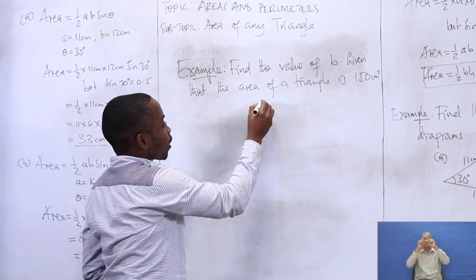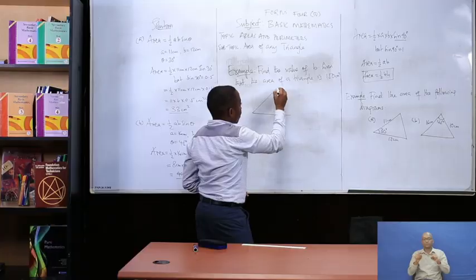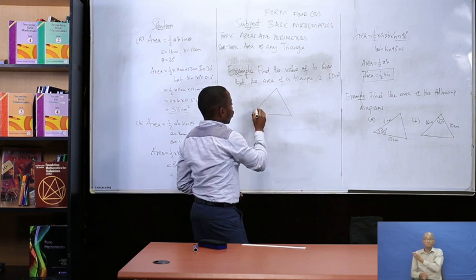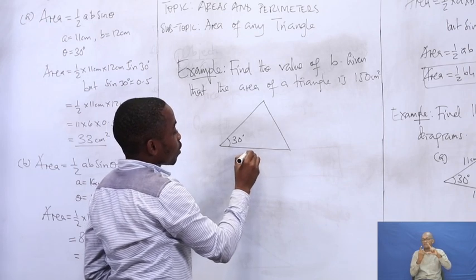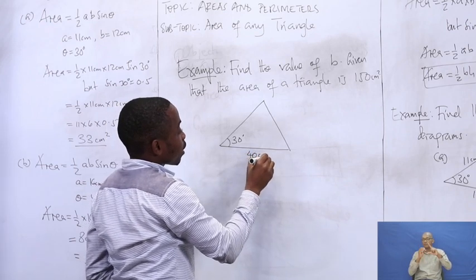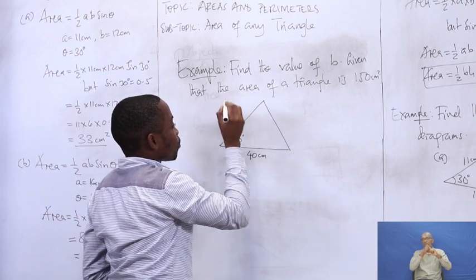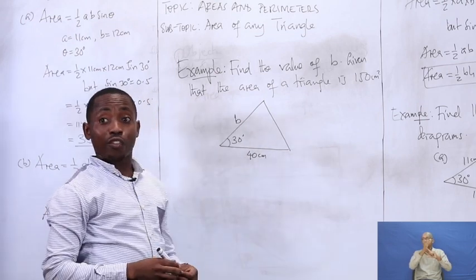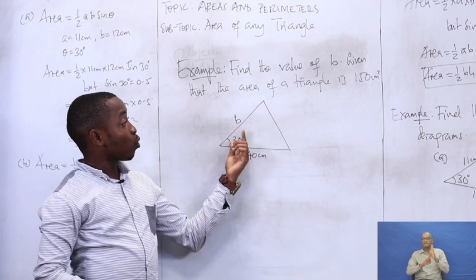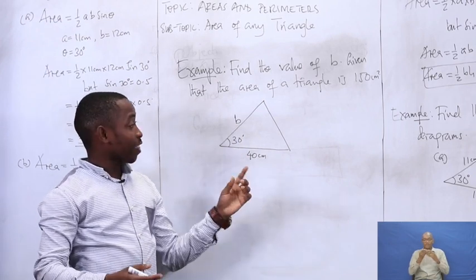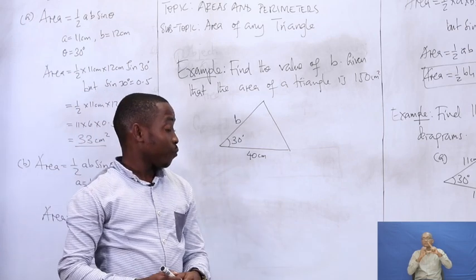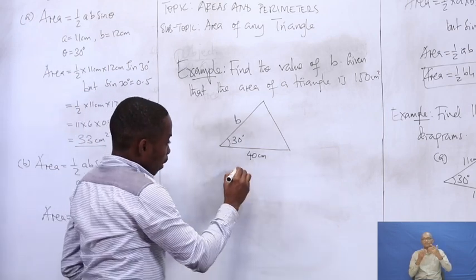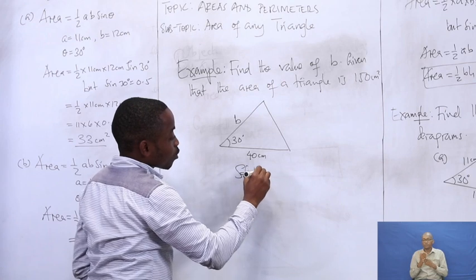Our diagram is like this one. The angle between here is 30 degrees. You have the first side, which is 40 centimeters, but the second side is B. So we need to find the value of B, given that the angle between is 30 degrees and the other side is 40 centimeters.